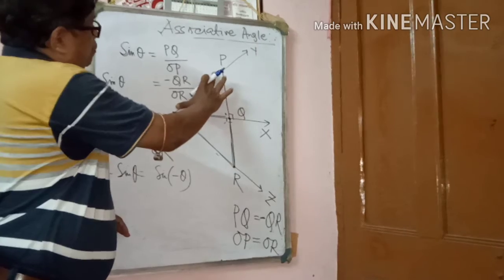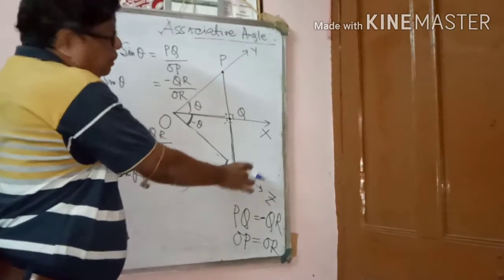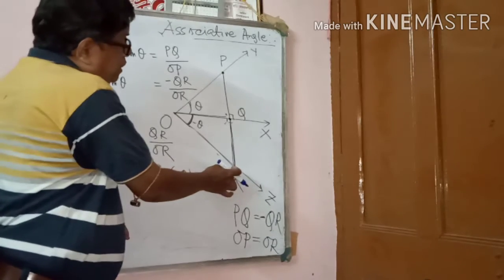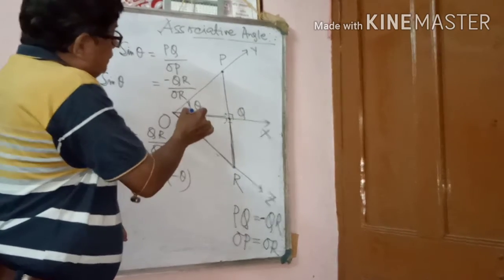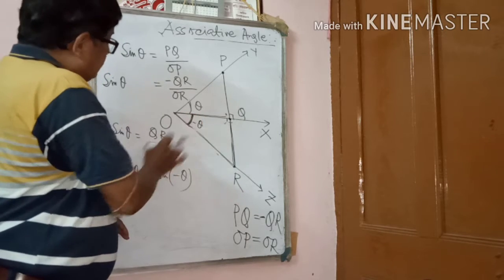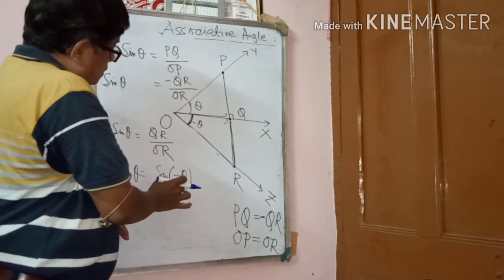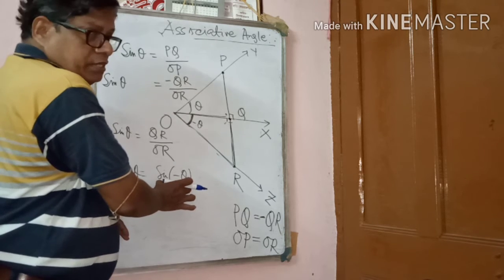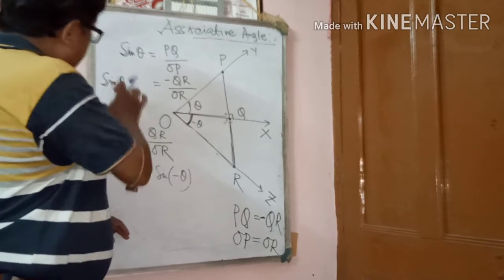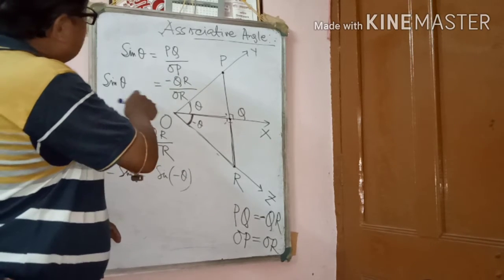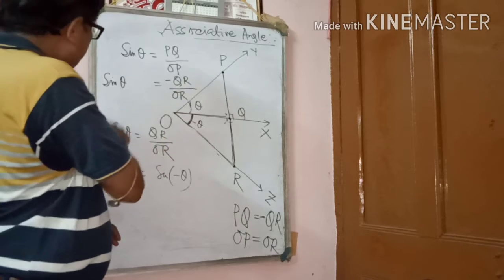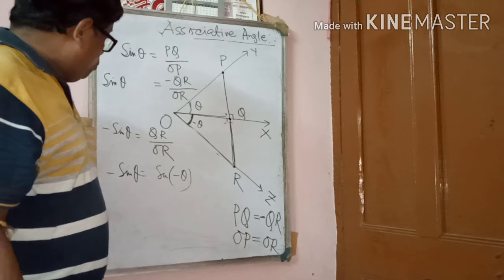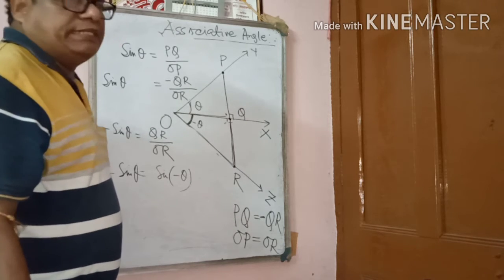PQ by OP, we are getting minus QR by OR. So sine minus theta equals minus sin theta.